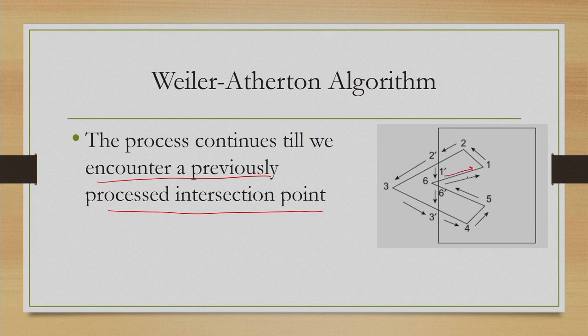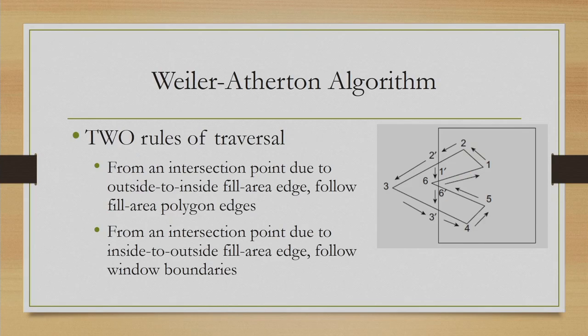So, here we continue up to point 1, because point 1 is already processed. So, we stop here. Then after this part, we see that we started from here, then traversed up to this point, determined this intersection point, then traversed along this line up to this intersection point, and traversed back up to the originating point.